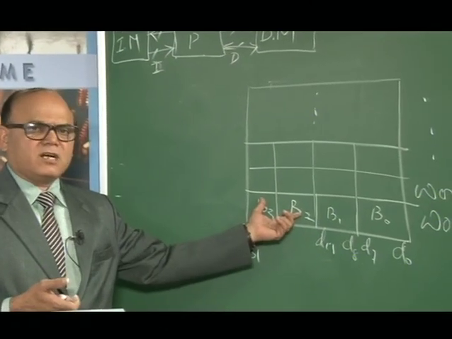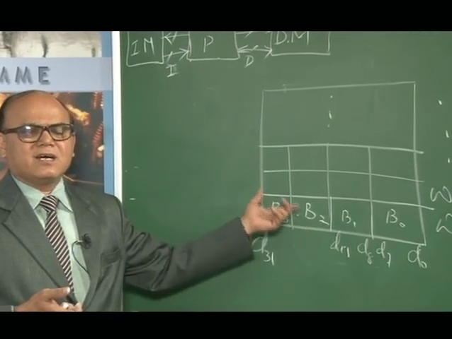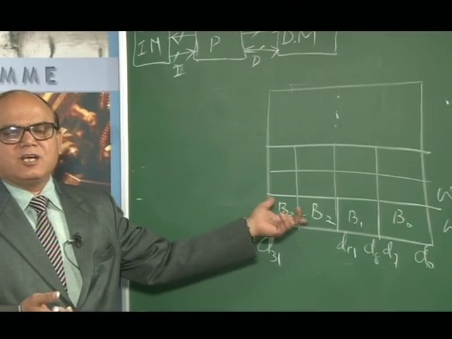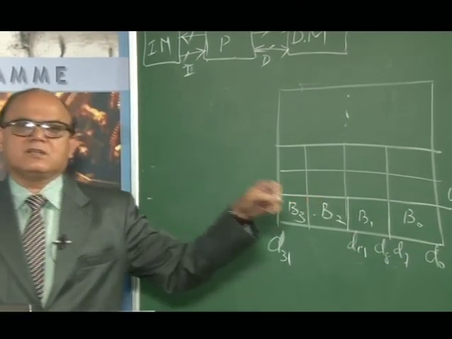Whereas if I start accessing only a half word, that means 2 bytes from this, then the question comes whether it is little endian or big endian, because I need to reconstruct the data after I take it out from the memory. When I take a half word from here, which byte is the least significant byte and which byte is the most significant byte is decided by the type of endianness followed in the memory store.